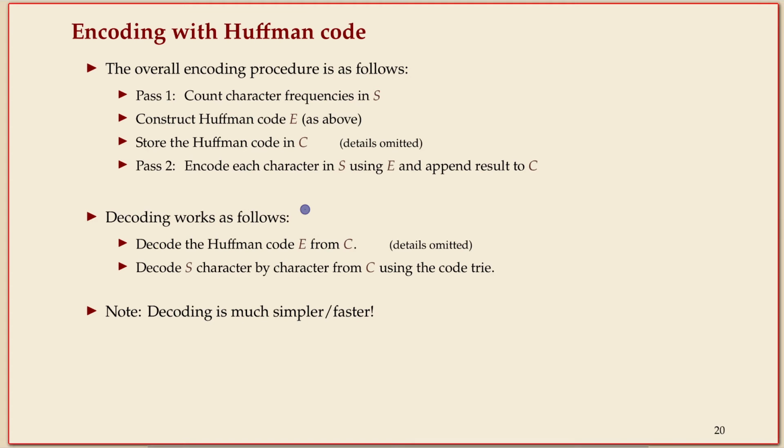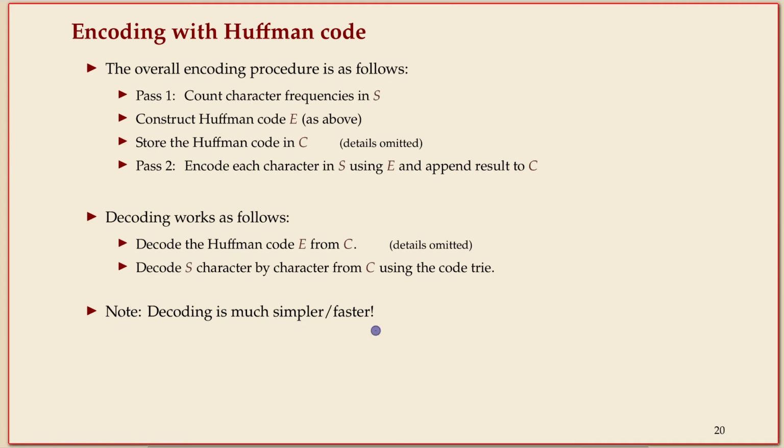To decode this, you read the code that someone encoded in the coded text. Again, we won't talk about how to do this in detail. There are simple ways and there are smarter ways that I don't want to get into. And once you have the code, you can start the decoding as we've seen in the examples. You follow the trie down the path until you reach a leaf. Then you know the first character. You jump back up and continue from there.